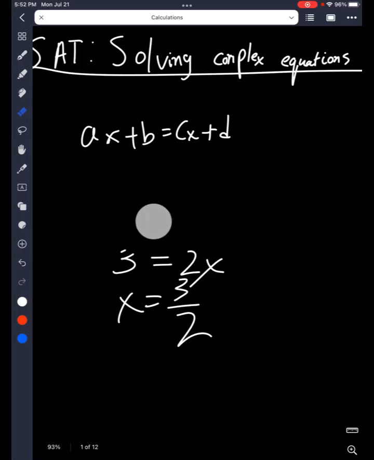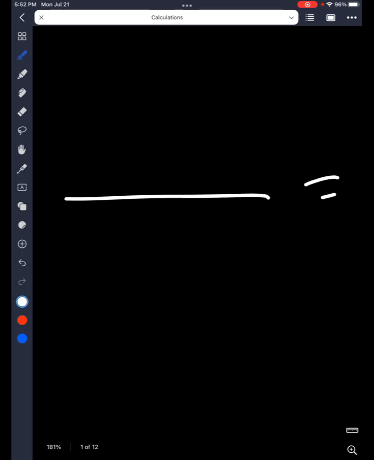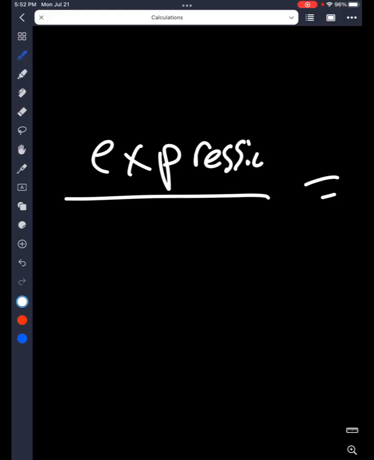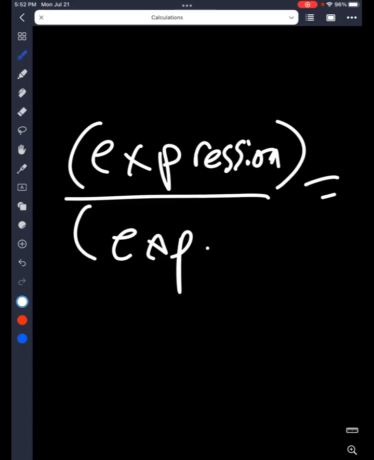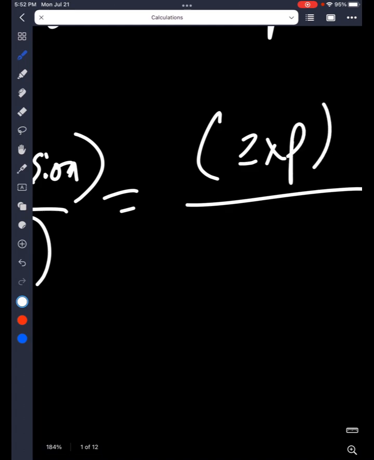Okay, so now that we've covered this basic type of equation, let's move on to a more advanced type of equation. In this case, you'll probably be dealing with fractions. So you would have an expression over here, and an expression over here, an expression over here, and another expression over here.